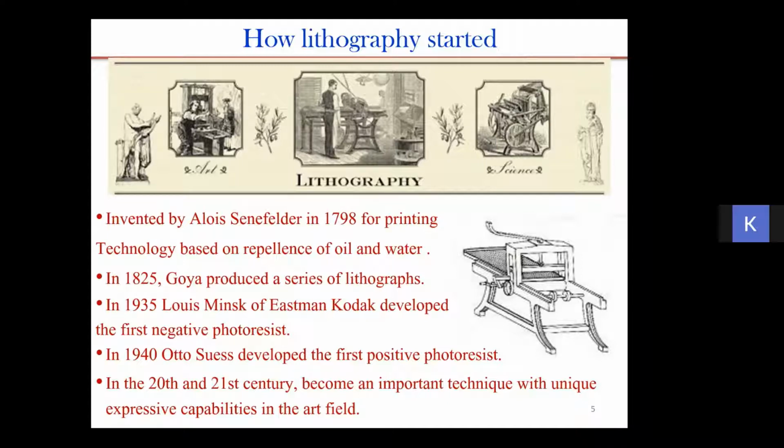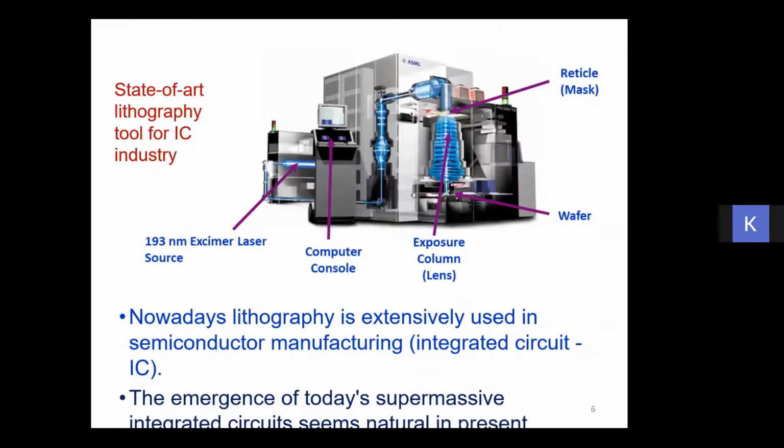Then there were various progresses, and the technology that was extensively used in the printing and art field became a very popular technique in the semiconductor industry. Whatever development in electronic devices we see in the present day, or that we discussed in my last lecture, is mainly because of the progress in lithography.